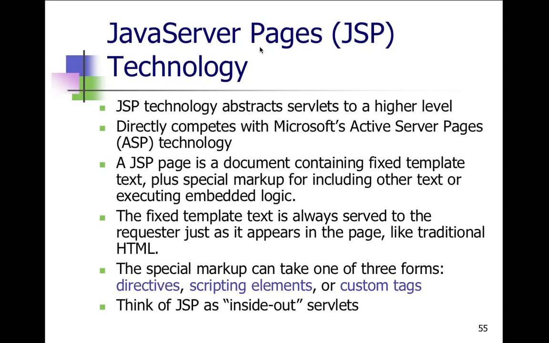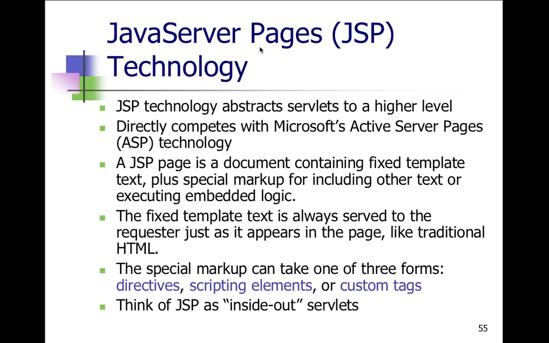And the page itself is a document containing fixed template text plus special markups for including other text or executing embedded logic, XML, or any type of interface that's going to be combined. So the fixed template text is always served to the requester just as it appears on the page, like traditional HTML.